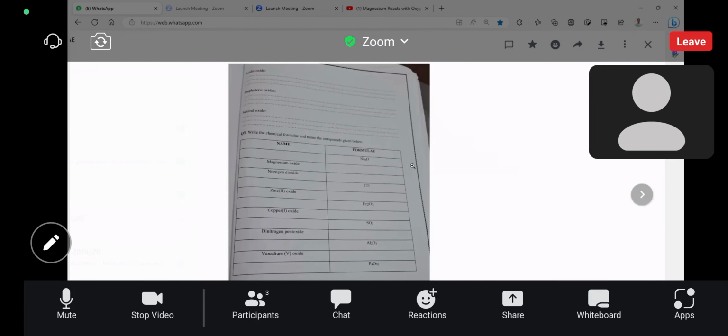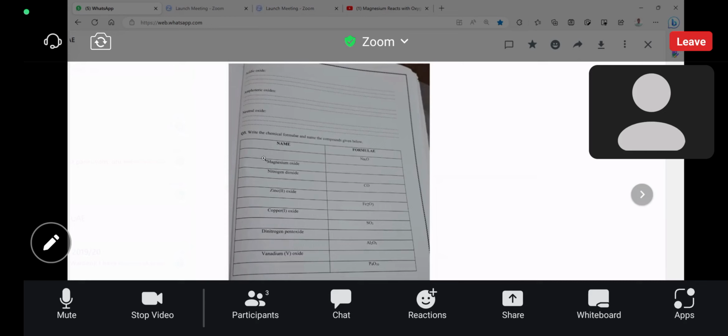N2O means dinitrogen oxide. Why? We have two nitrogens. Likewise, Na2O means sodium oxide. You can put di also, but it's not necessary. So Na2O, sodium oxide.